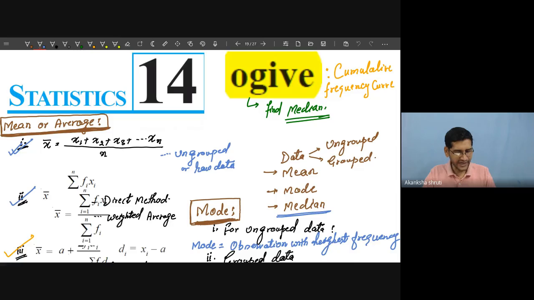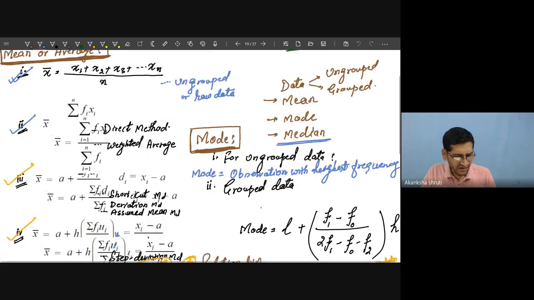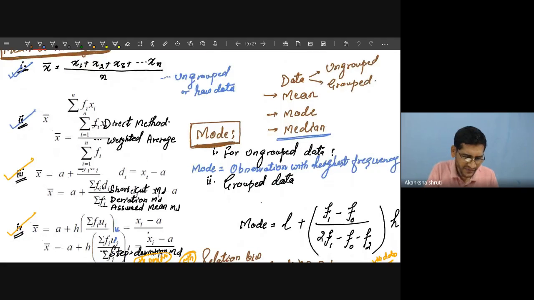We have learned that for calculation of mean there are total 4 methods or 4 formulas. First one is for the ungrouped data, where mean is obtained by adding all the observations and dividing it by the number of observations. The second one is for the grouped data. For the grouped data, we have the summation of fi xi divided by summation of fi.